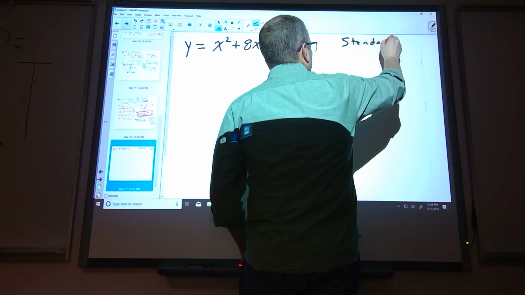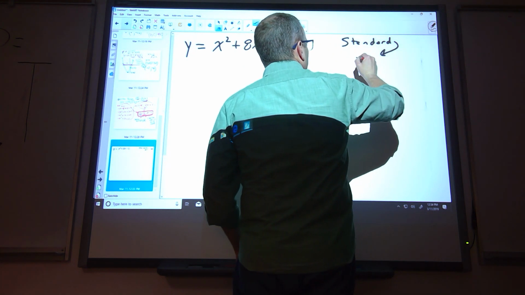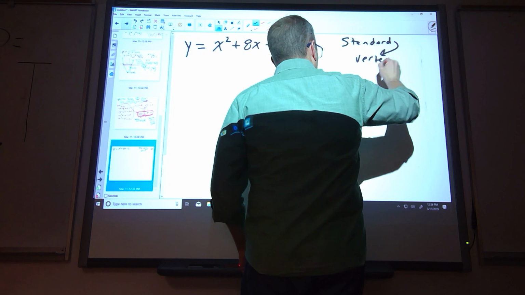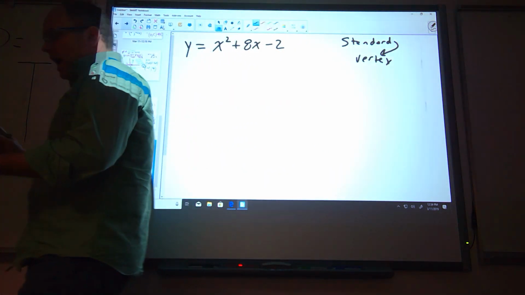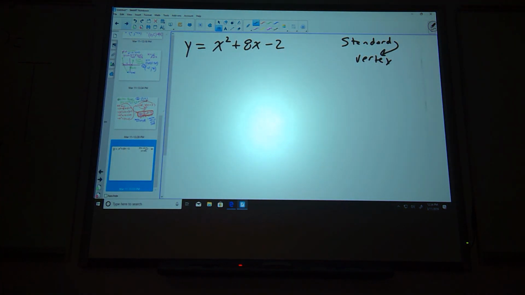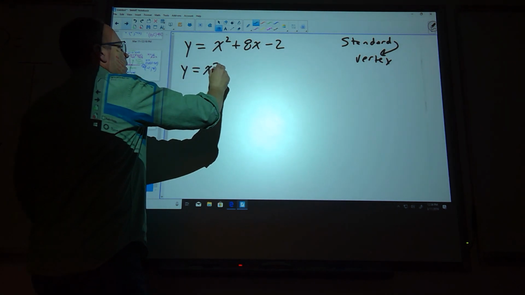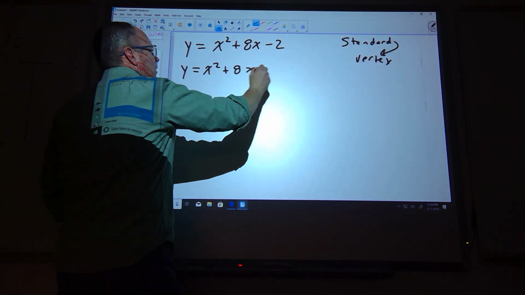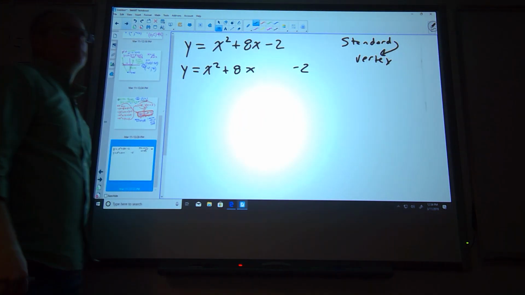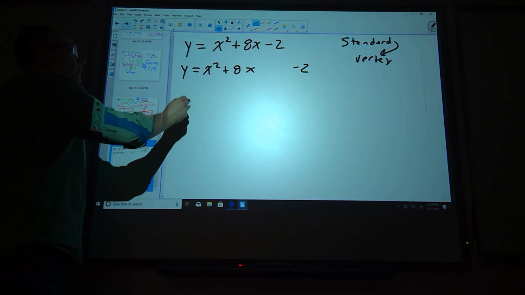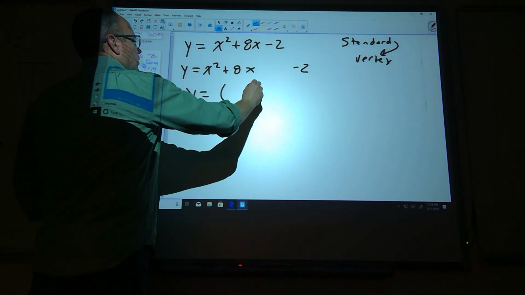So we want to go from standard to vertex. So my A value is 1, so I don't have to divide everything by it. What was the big next spot? Make a space. Everyone see the space there? Okay. So this is going to work out nicely.